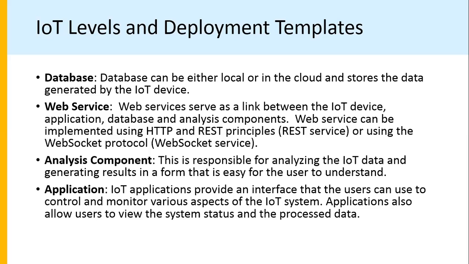The temperature sensor will sense the temperature 24/7, and every second it will record a temperature value, which will be stored in a file. Now the analysis component will check whether for 24 hours the temperature value is the same, yes or no. If yes, it indicates that the room temperature is constant.